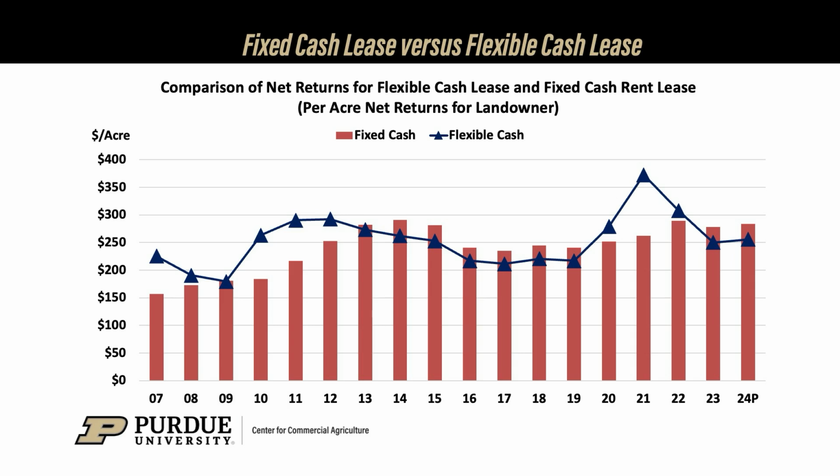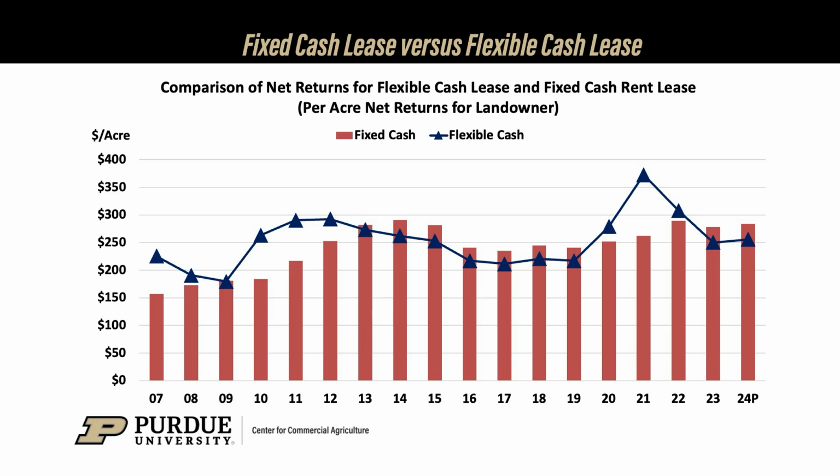Look at that fixed cash and flexible cash again. Essentially, what that flexible cash rent is doing is eliminating some of the downside risk. You still have those years, which is about half the years, where the base rent is below the market cash rent, so you're dropping $25, $30 per acre lower rent in those particular years.